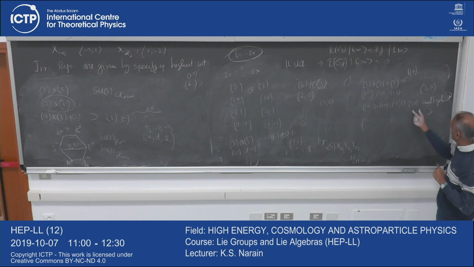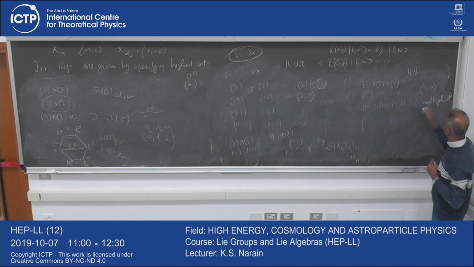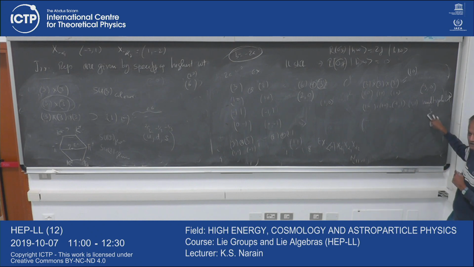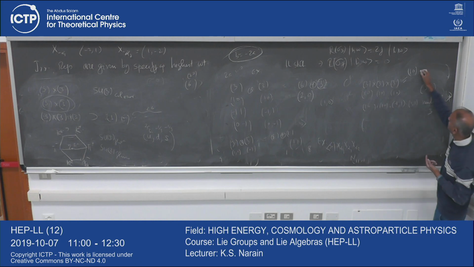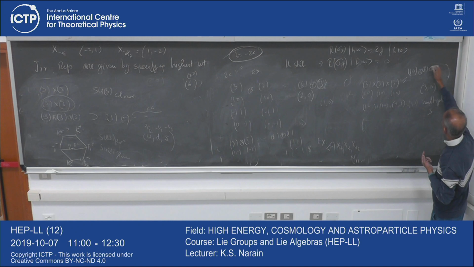Okay. So one of these states goes into that 10-dimensional representation, which is 3, 0. Then 2 are left over. Right? So these 2 must be the adjoint representation. 1, 1 is the highest weight of the adjoint representation. So you should find 2 times the 8-dimensional representation.